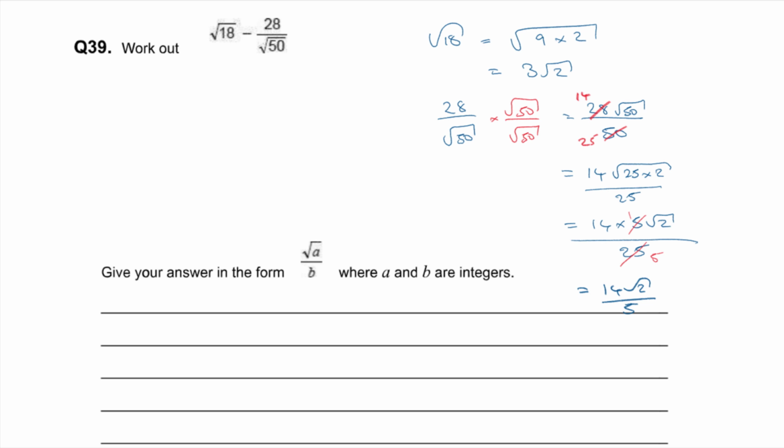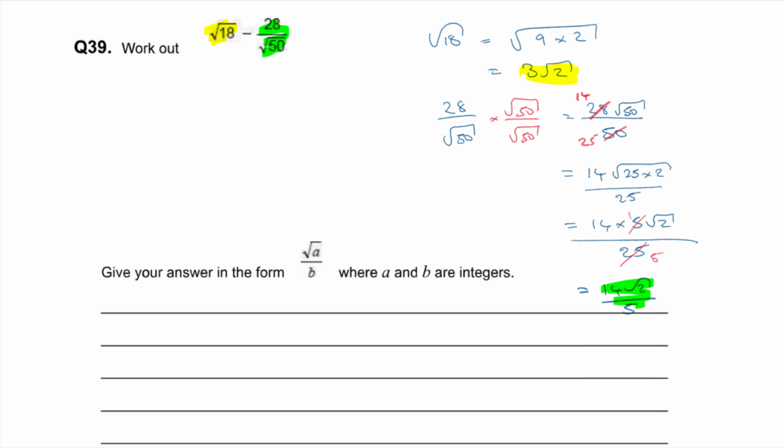Okay? So now I've got both of my surds simplified down. So this part here, root 18, I can write as 3 root 2. And this part, 28 over root 50, I can write as 14 root 2 over 5. Okay, so now I can recombine them.